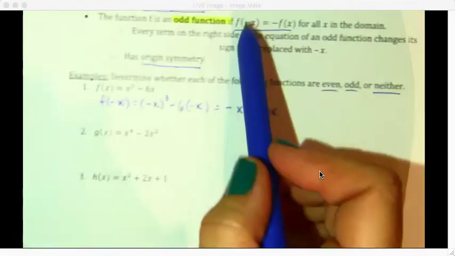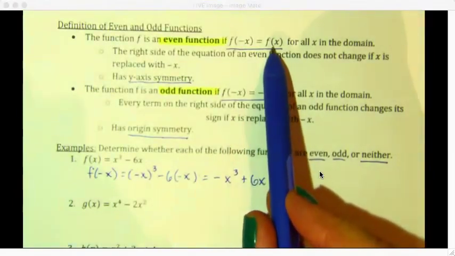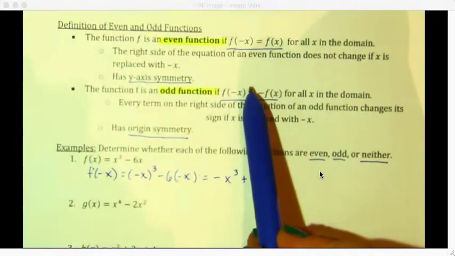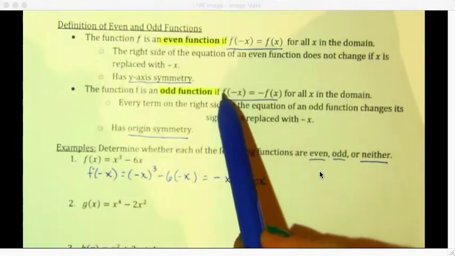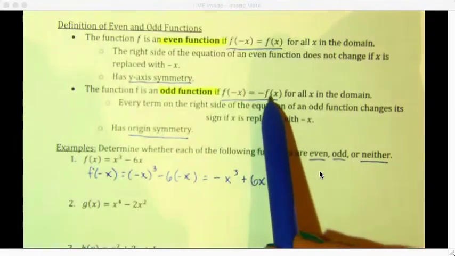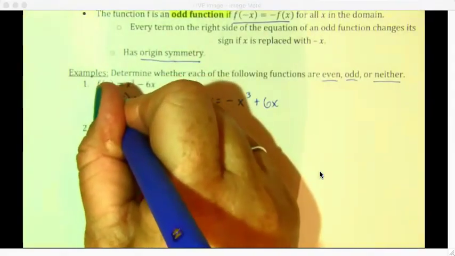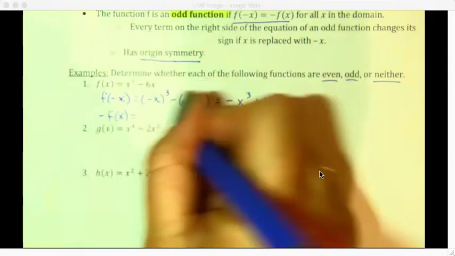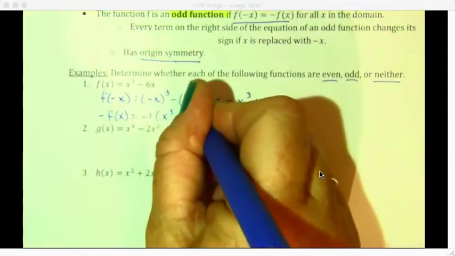If f of -x were equal to the original, it would be even, but it's not. But next I can check, okay, f of -x, is that equal to the original function times -1? So next I want to find, well, what would negative f of x be? So -1 times x cubed minus 6x.